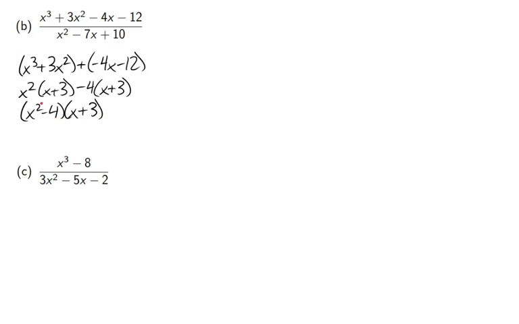And due to difference of squares, this part is x plus 2 times x minus 2, and the x plus 3 still remains. Alright, so let's do that up top. We have x plus 2 times x minus 2 times x plus 3.